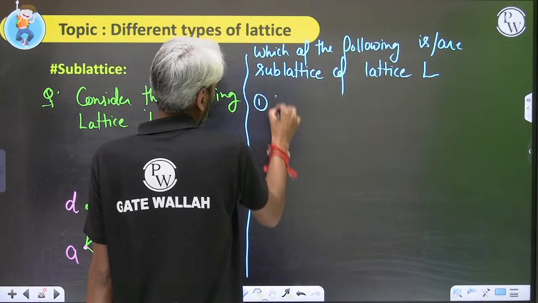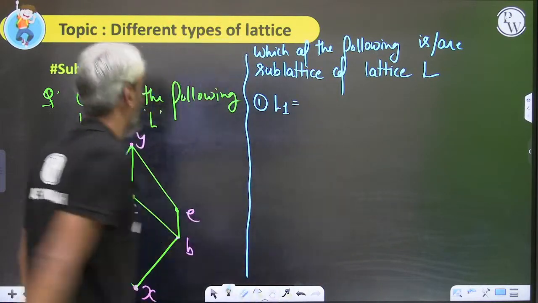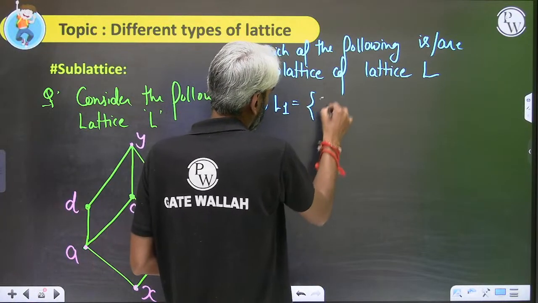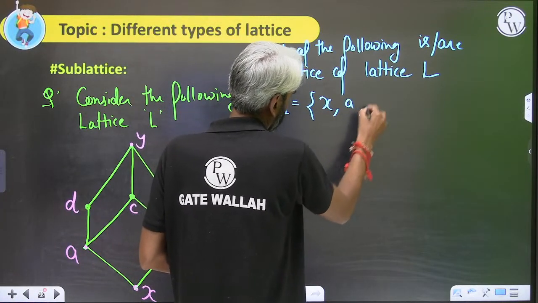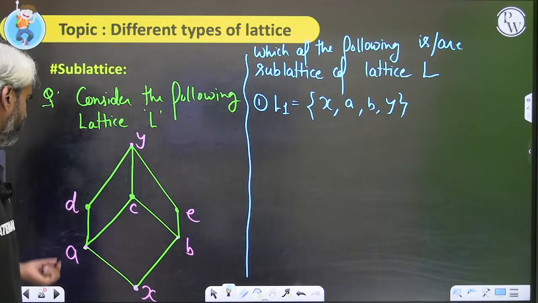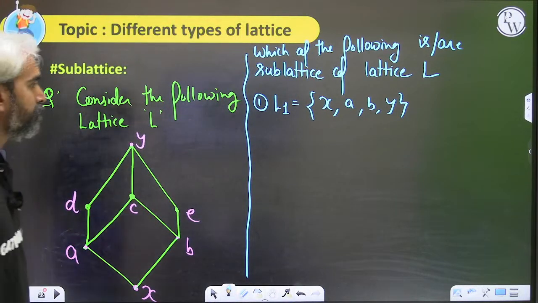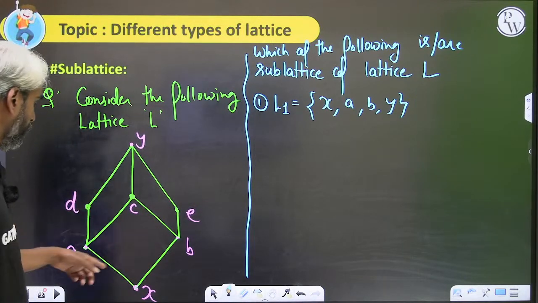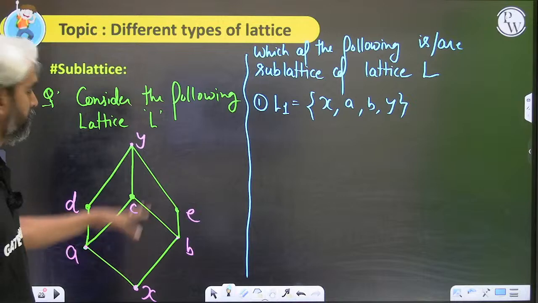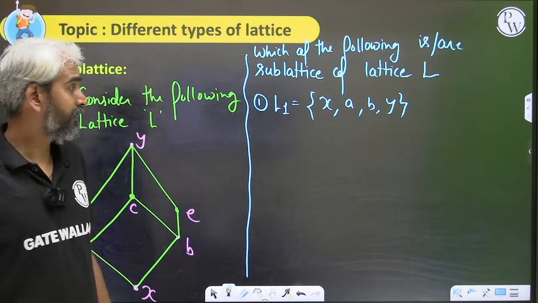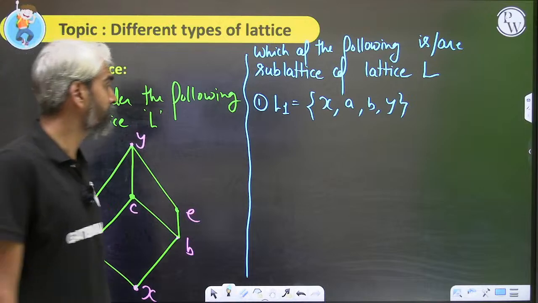This is a multiple select question. First one: if I select a subset L1 from set L as X, A, B, Y, I just want to check whether this X, A, B, Y will be a sublattice of this lattice L or not. There are 7 elements, so out of these, if we choose X, A, B and Y, will it be a sublattice of lattice L?